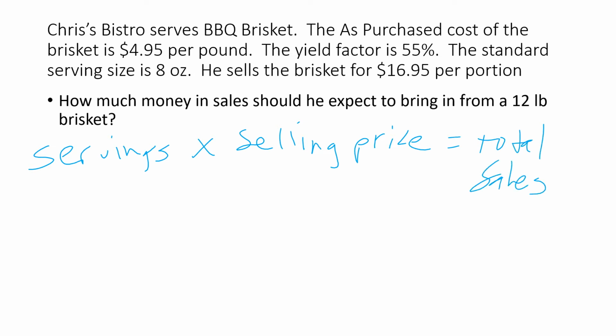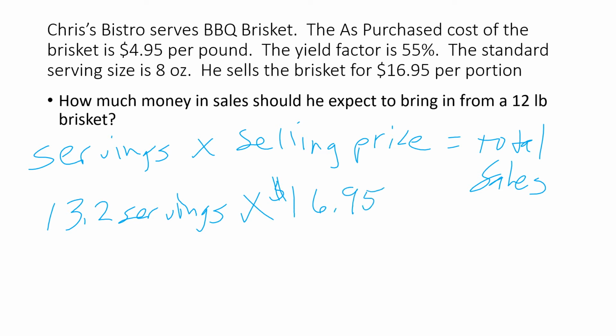So how many servings did we get? 13.2 servings. We multiply that by $16.95. Go ahead and calculate it and compare answers with your neighbor. See if you got the same answer. Make sure you typed it in correctly.